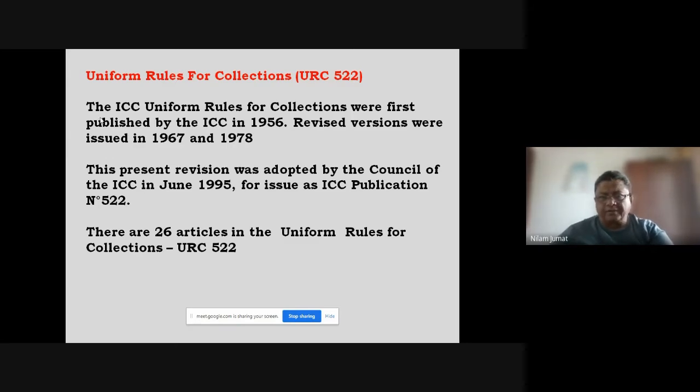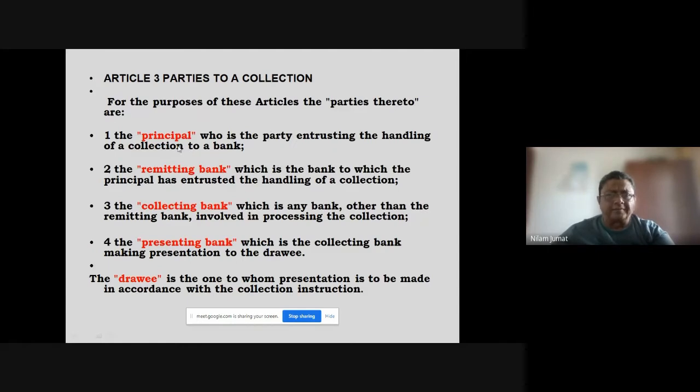I can put some of them. Some of the main articles are here. Like who are the parties: the principal, the bank, the exporter's bank, then the collecting bank.